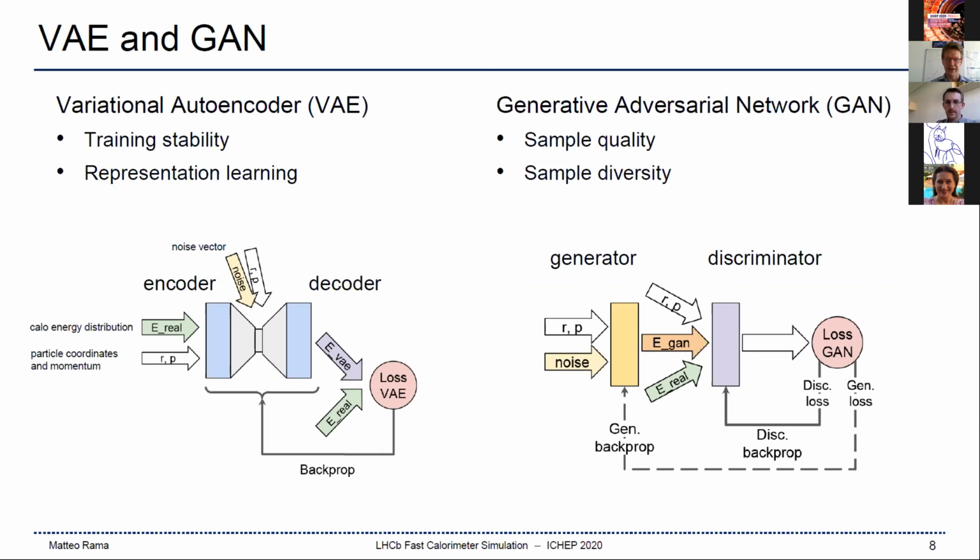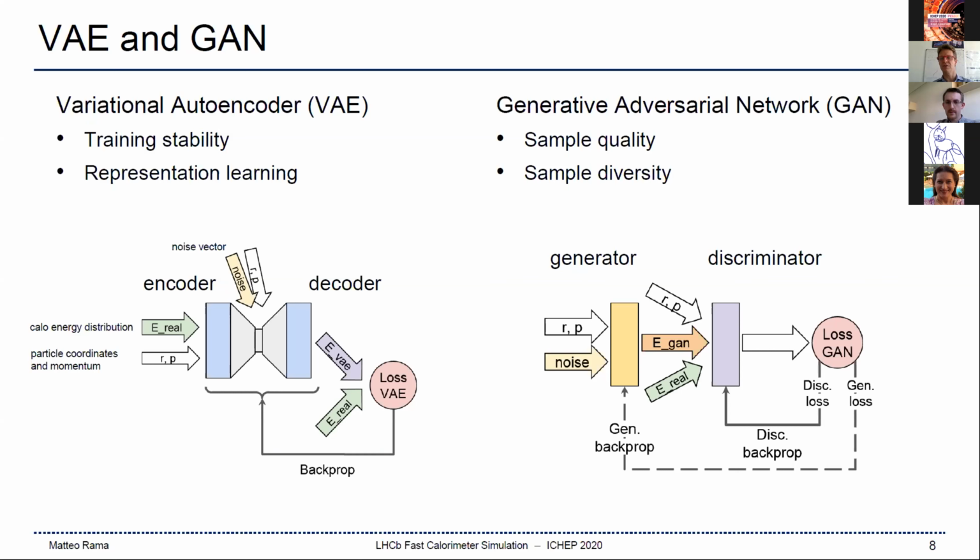Through a loss function and a backpropagation feedback, the variational autoencoder learns how to generate hit distributions starting from an input encoded vector.